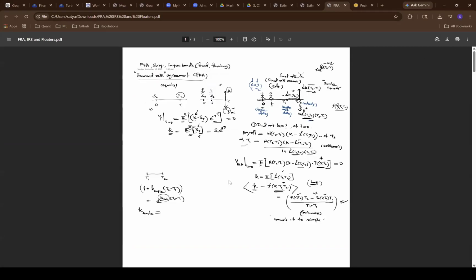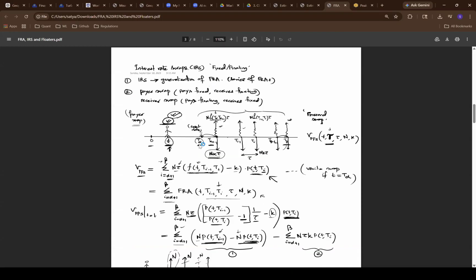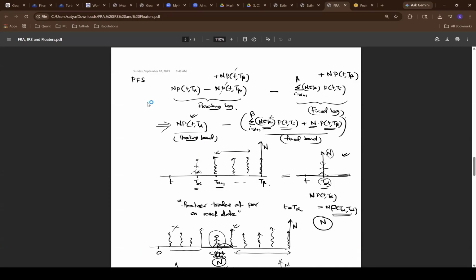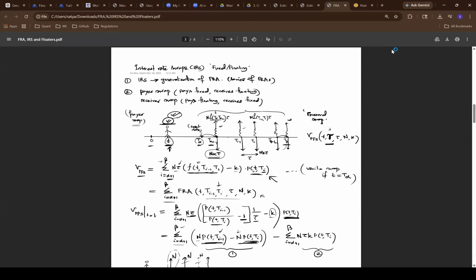Would you memorize all the formulas? Of course not, right? So this is one example of a handwritten note of valuation of FRAs, swaps, bonds, right? So I derive everything by hand. Swap rate, things like that.